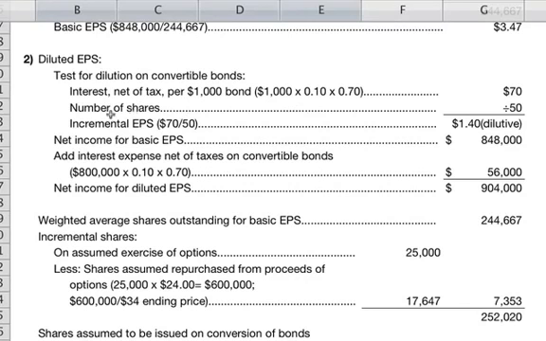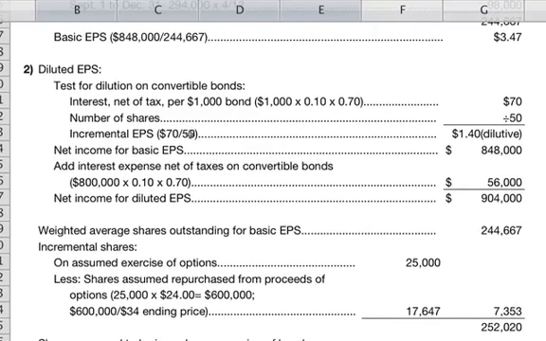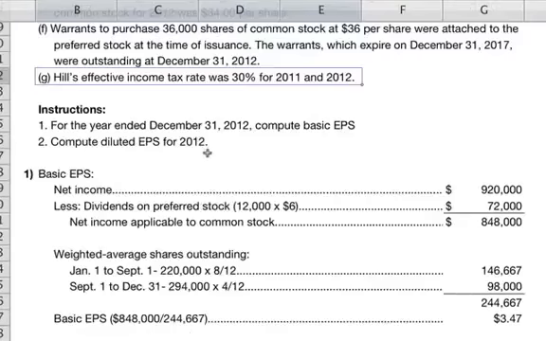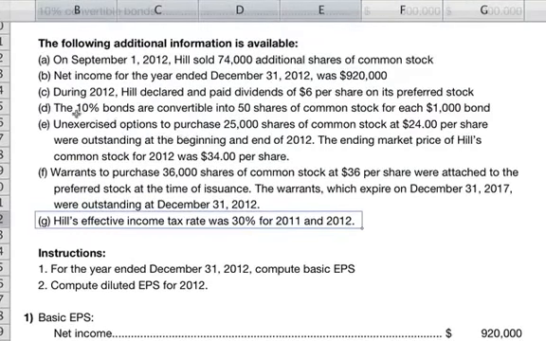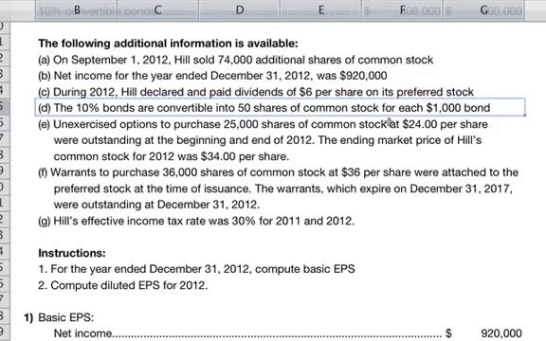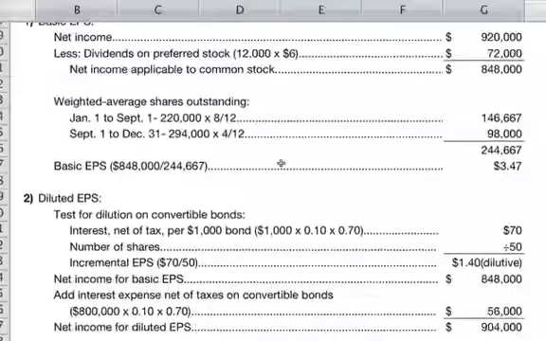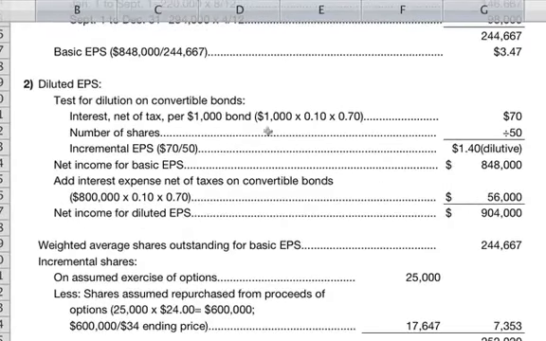So you divide that by the number of shares, and you get $1.40 per share. We need to explain the 50. The 10% bonds are convertible into 50 shares of common stock for each $1,000 bond. So that makes it clear.